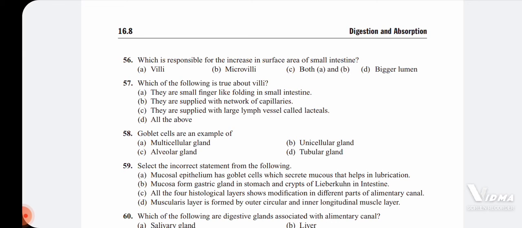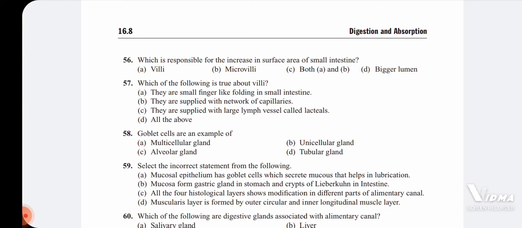57th question, which of the following is true about villi? Option A, they are small finger-like foldings in the small intestine. The villi are small finger-like foldings present in the small intestine. Option B, they are supplied with a network of capillaries. This is also true.